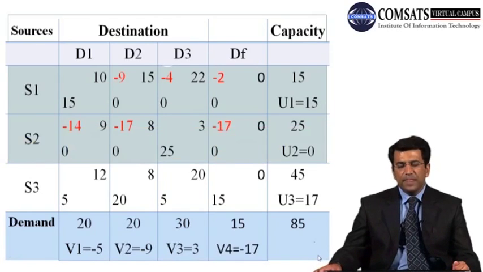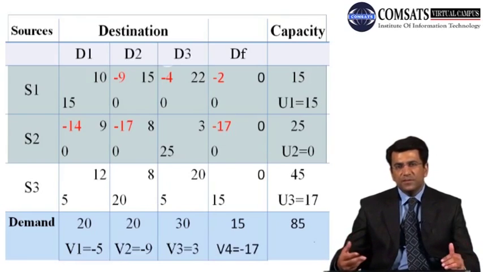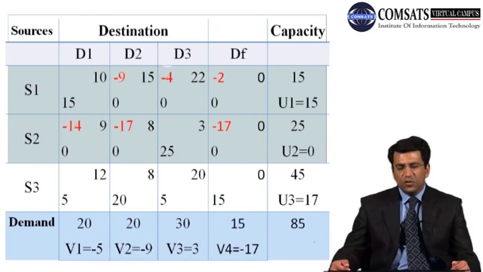Now class, as I repeat here again, the transportation model is a blend of different steps or different loops, and these loops sometimes go on repeating again and again. So if a particular condition, that is the condition of optimality, is not being satisfied, then you have to go through the different loops again and again until that optimality is reached.